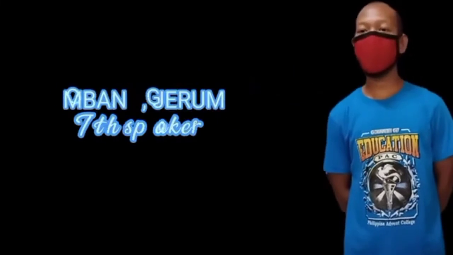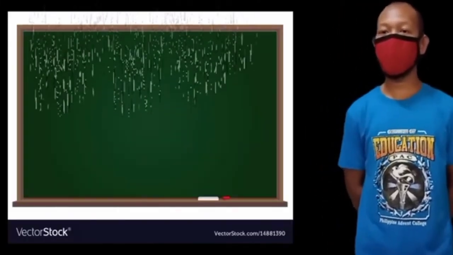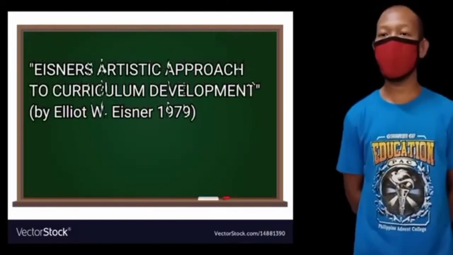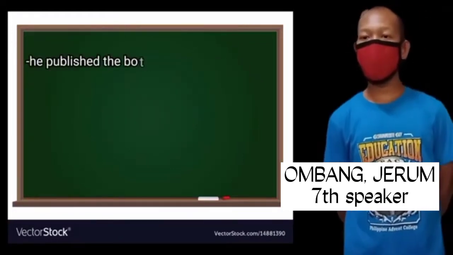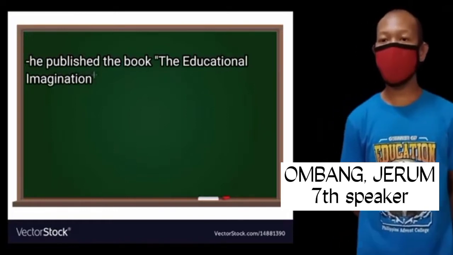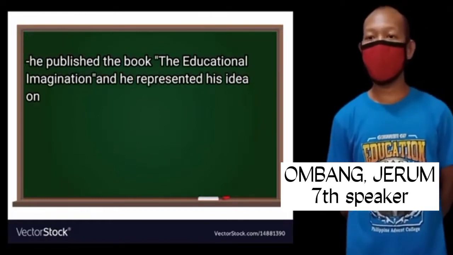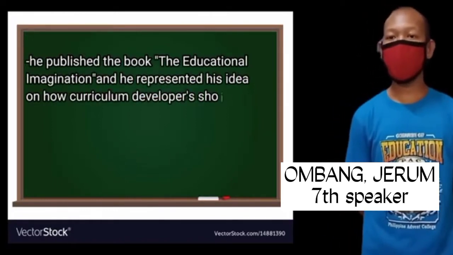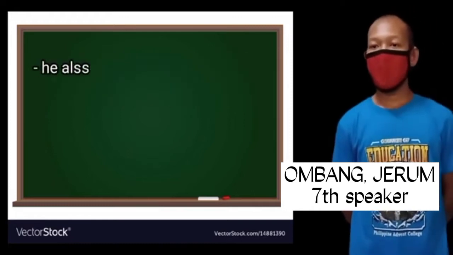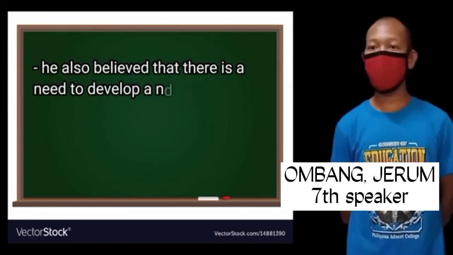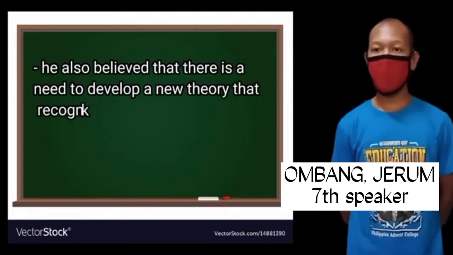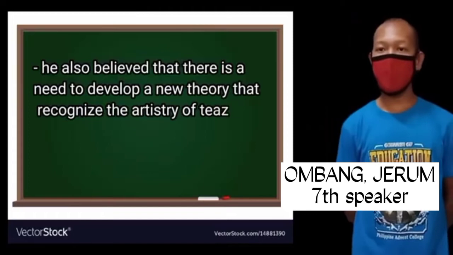The next one is the artistic approach to curriculum development by Elliot Eisner, 1979. He published the book Educational Evaluation and presented his ideas on how curriculum development should be done. He also believed that there is a need to develop a new theory of the recognized artistry of teaching.